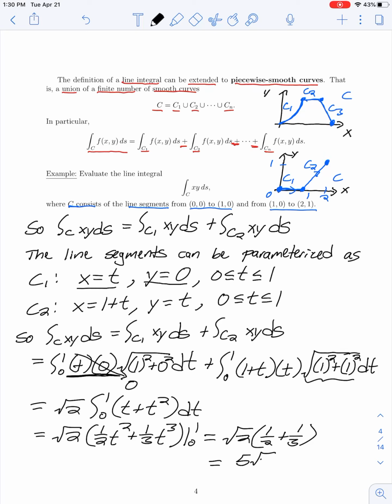So we have 5 root 2 over 6 for the value of this line integral. So we can now integrate these functions over not only smooth curves, but piecewise smooth curves. And to handle a piecewise smooth curve, we might have to split it up into line integrals over its smooth components.